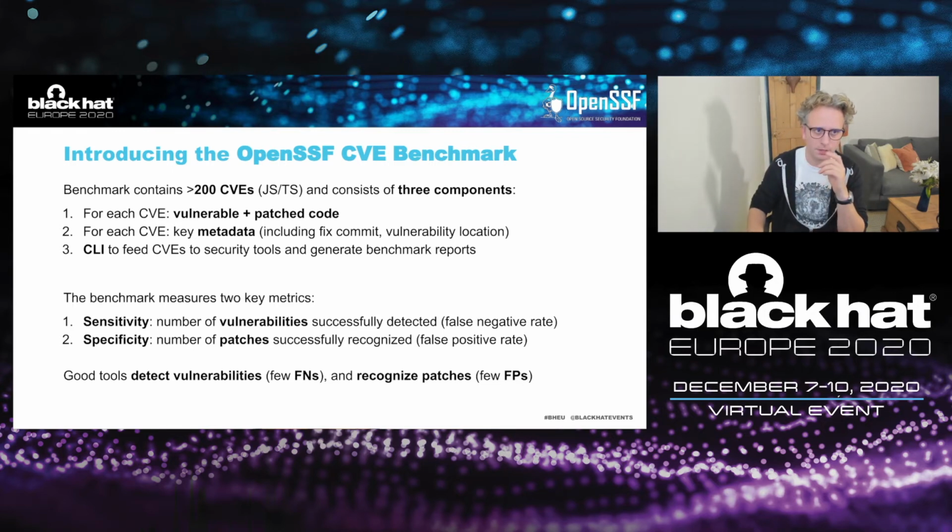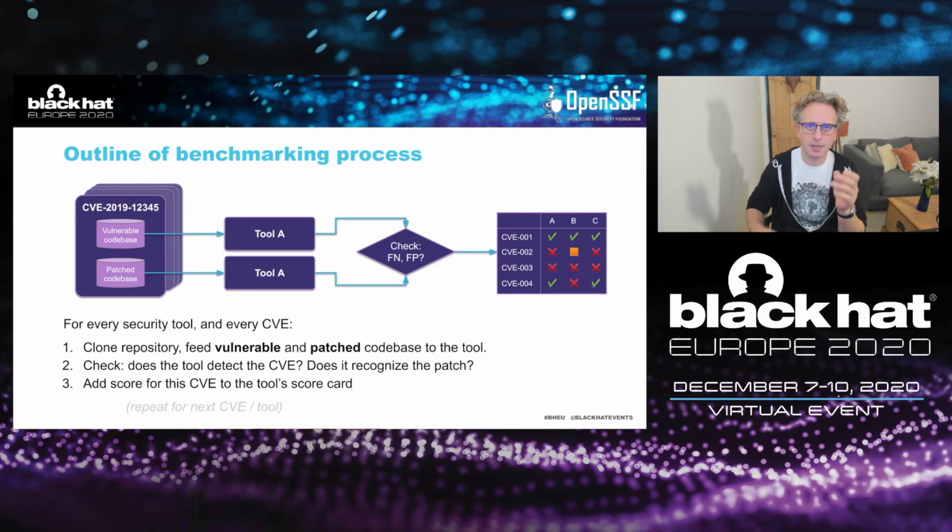And here's the outline of the process. For every CVE and for every tool, we feed both the vulnerable and the patched code to the tool. And then we check, does this tool indeed flag up the CVE, or is this a false negative? And does it recognize the patch, or does it produce a false positive?